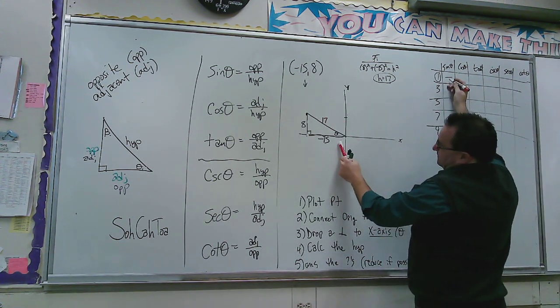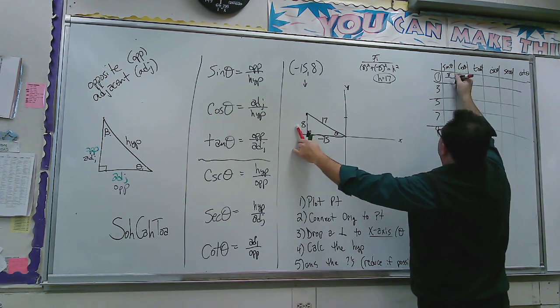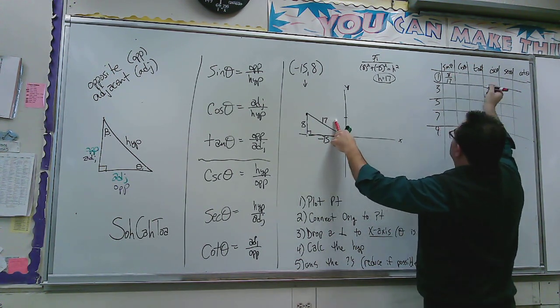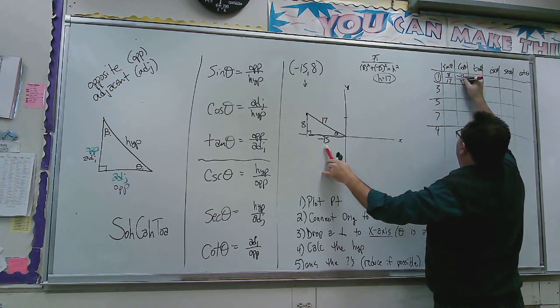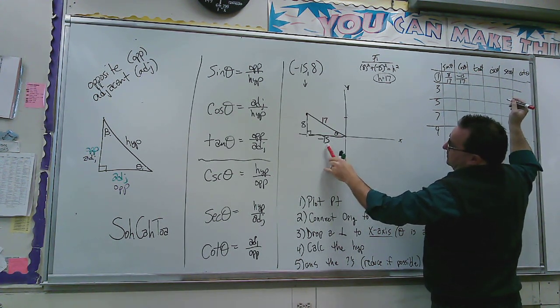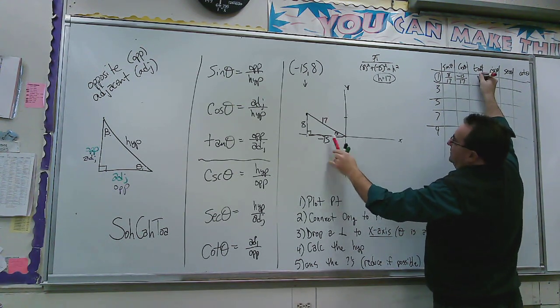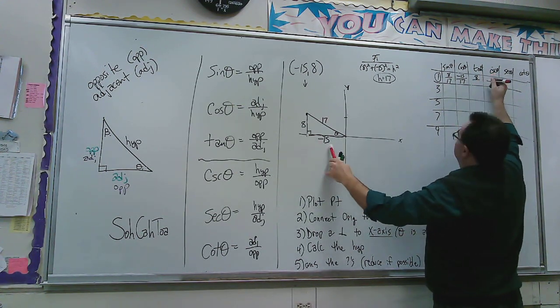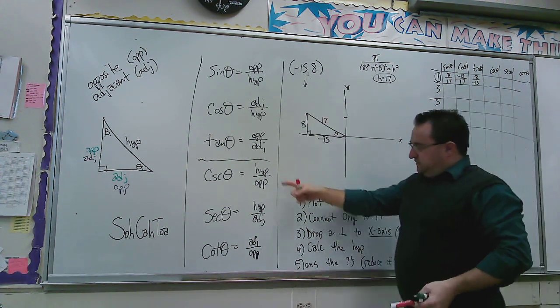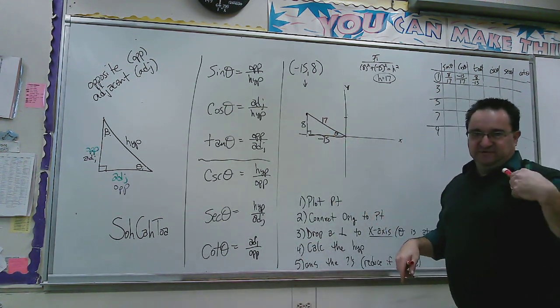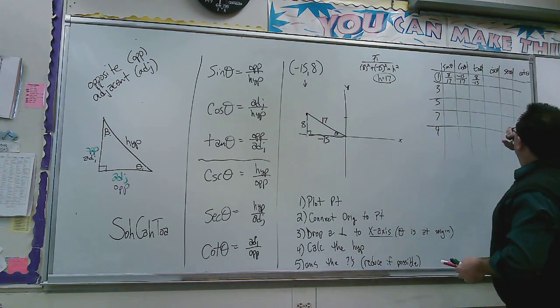Sine of theta is opposite over hypotenuse. Cosine of theta is adjacent over hypotenuse. And tangent of theta is opposite over adjacent. Now you can look at these and do the same thinking, but this is how I do the rest of it.